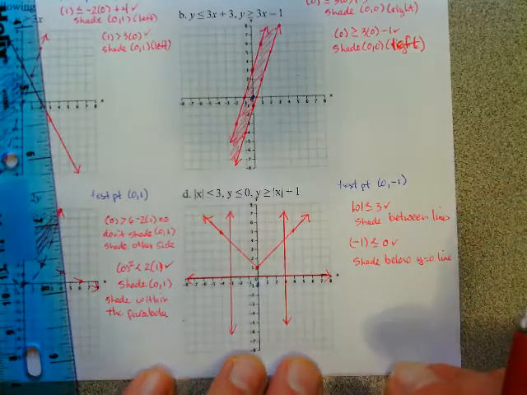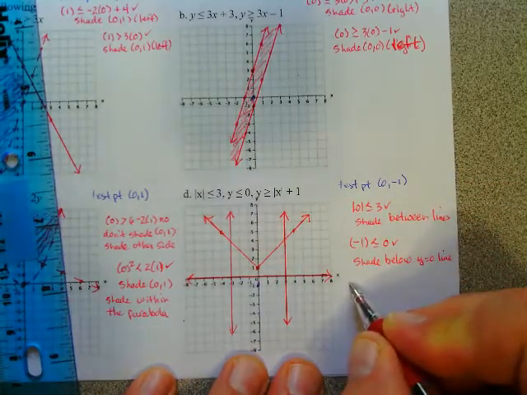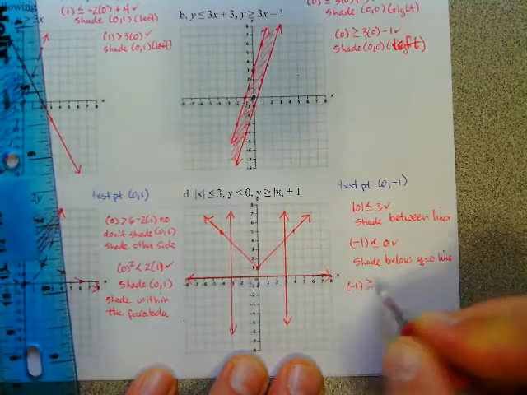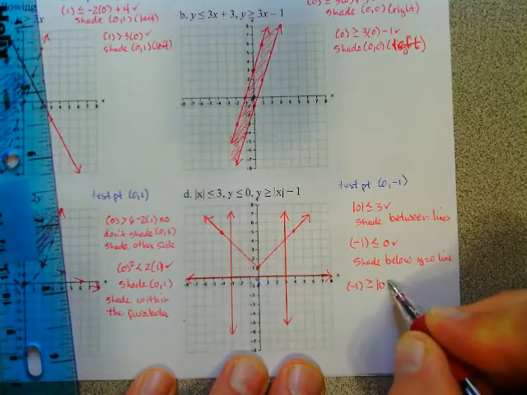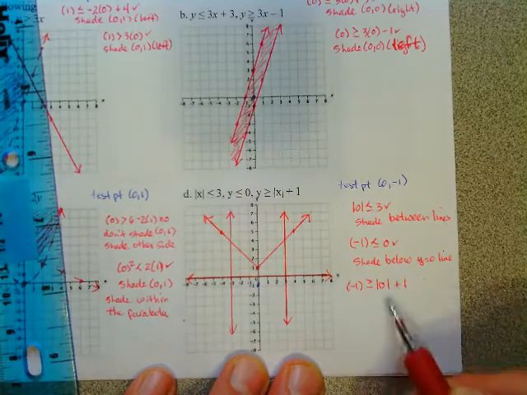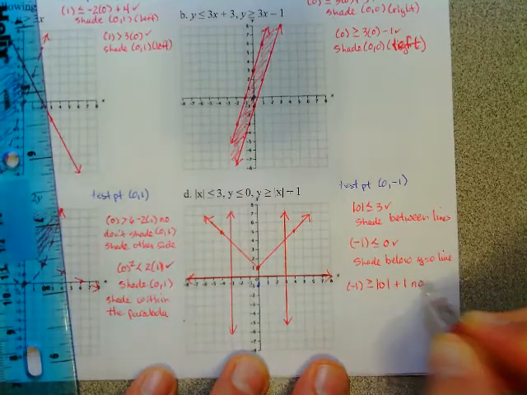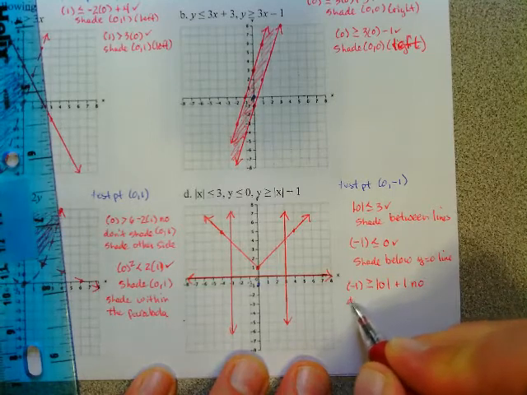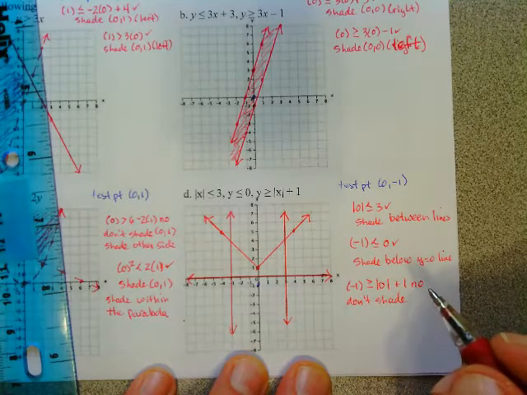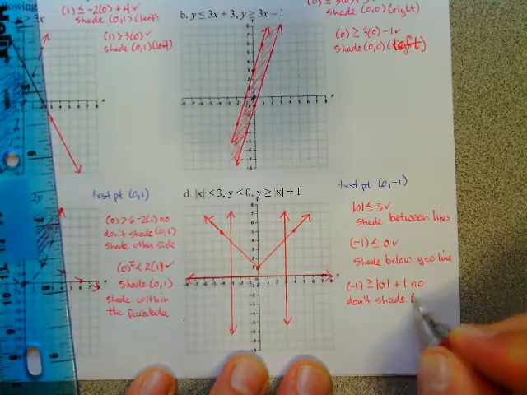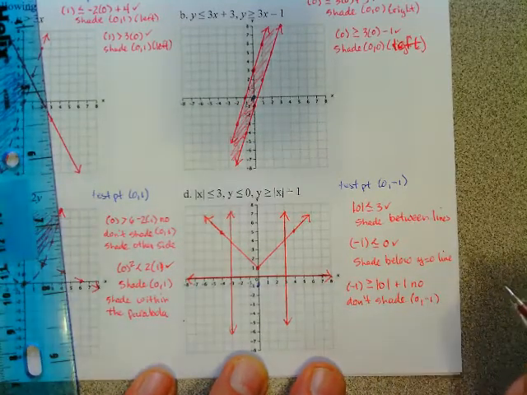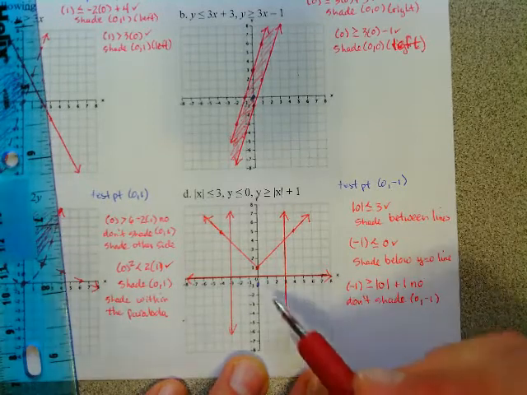And if I look at the last one, is -1 greater than or equal to 0 plus 1? Well, that's going to give me 1. -1 is not, so that's a no. So that one says don't shade the 0, -1. So don't shade down here.